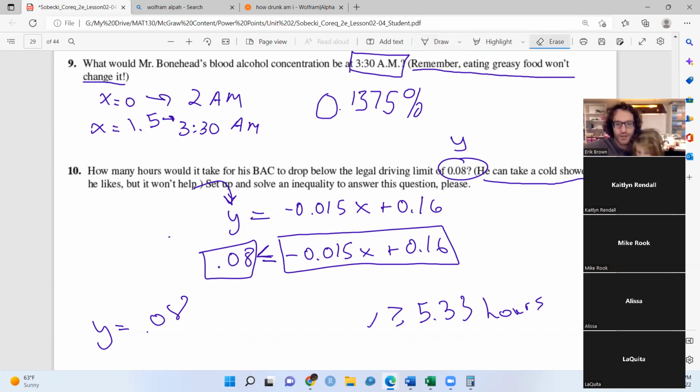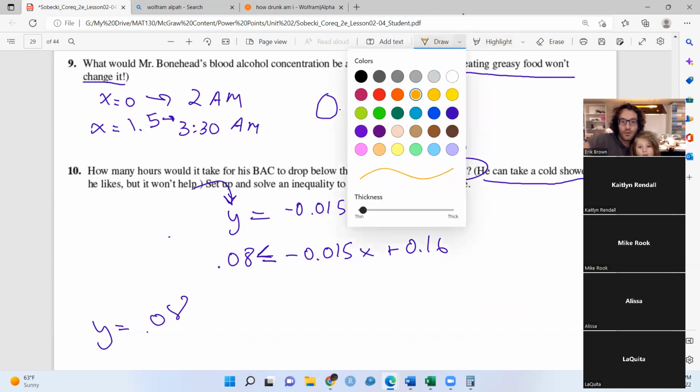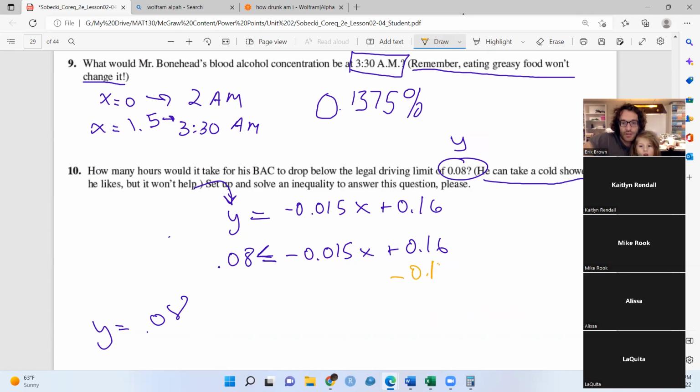I feel like we should solve this algebraically, just for those of you who like that, just so you can see it. And there's one little thing you have to keep track of with inequalities when solving, and that is what happens when you divide or multiply by a negative. So here I'm going to subtract the 0.16. Our goal is to get this X term by itself.